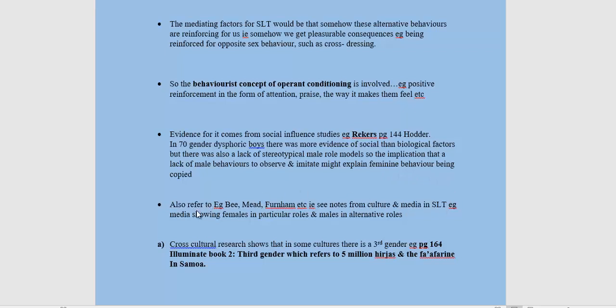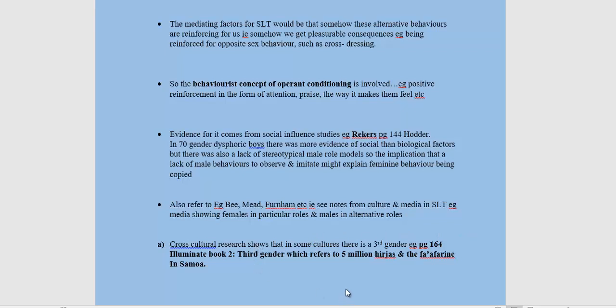You can also refer to other things that we've covered in our notes and a video on SLT. So we've got reference to Margaret Mead, for example, Furnham with the media research, and so on and so forth. So you could refer to any of those being role models, picking out tiny bits of detail from your notes on SLT.